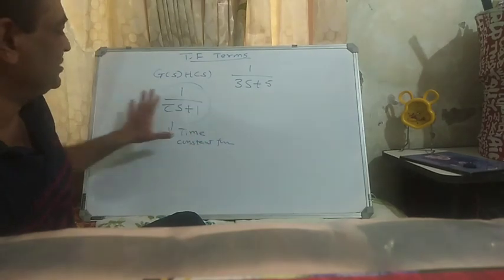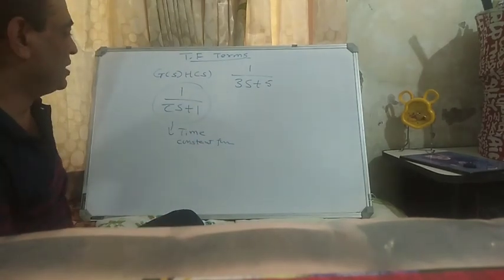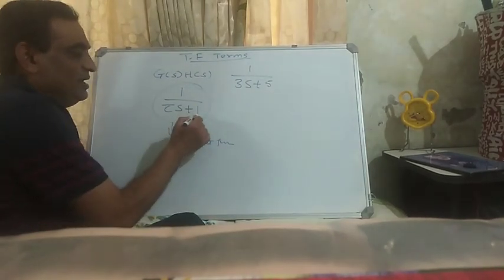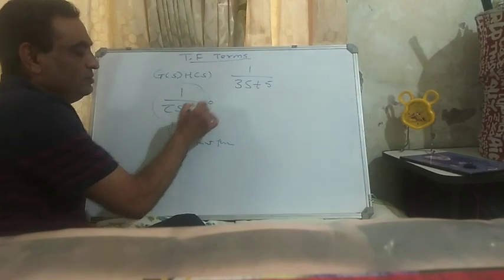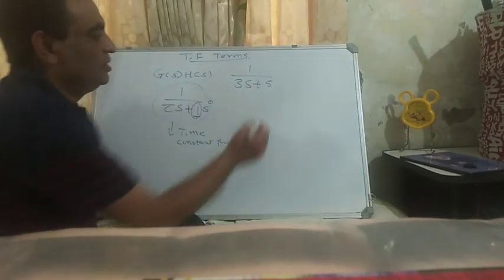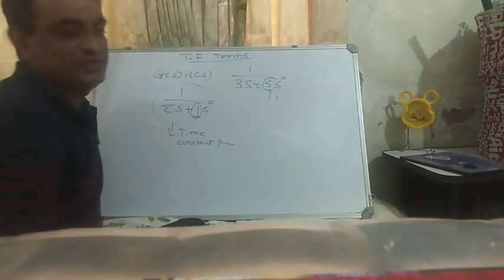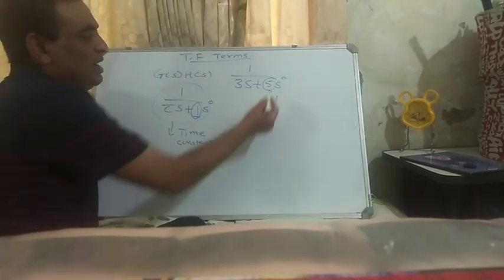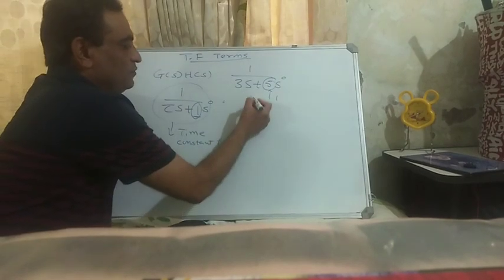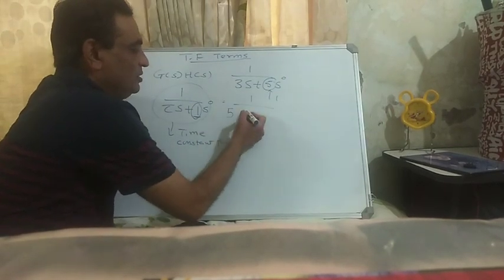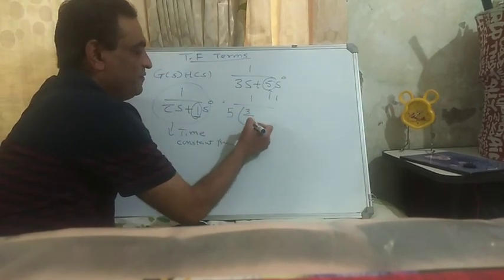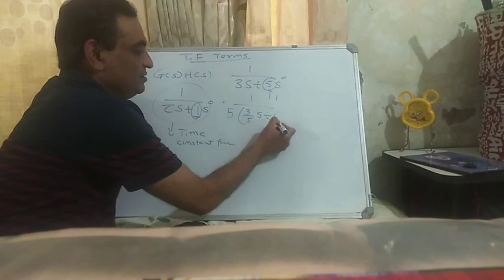I need to convert this into a time constant form. In the time constant form, the s raised to 0 term should have a coefficient 1. So what I can do is take 5 common. So 1 upon 5 is common, and you can say 3 by 5 s plus 1.